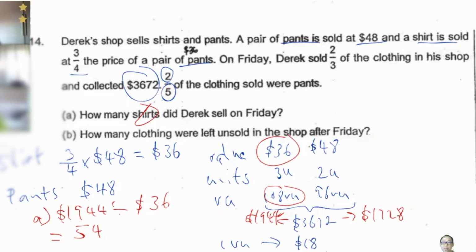So how many clothing were left unsold in the shop after Friday? The next thing we need to do is to find how many pants were sold as well. For part B, the number of pants sold is 1728 divided by $48 per pants. $48 per pants is quite cheap nowadays.